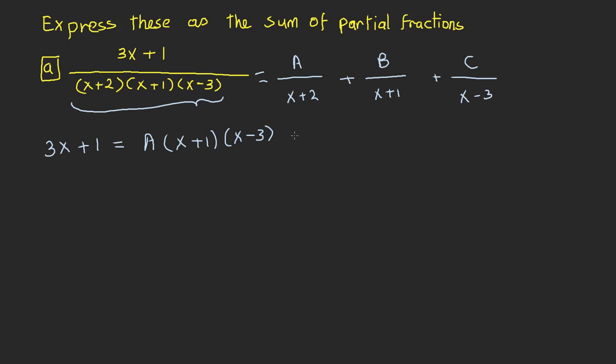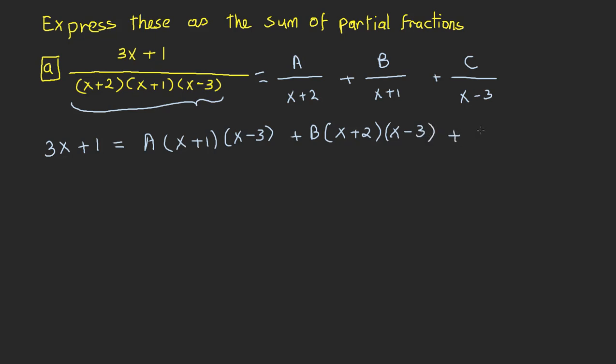And then b, the same thing here. The x plus 1 cancels out, so the remaining is x plus 2 and x minus 3.